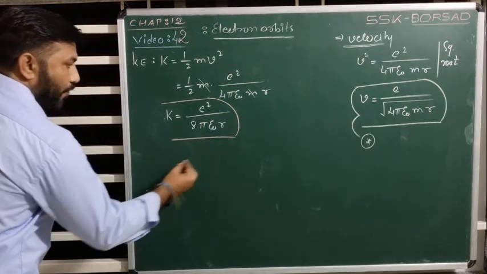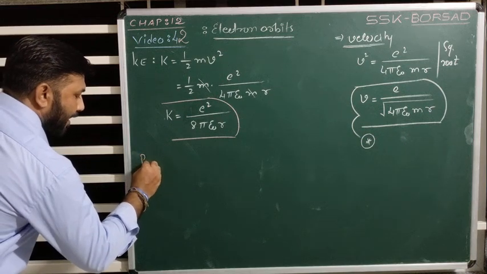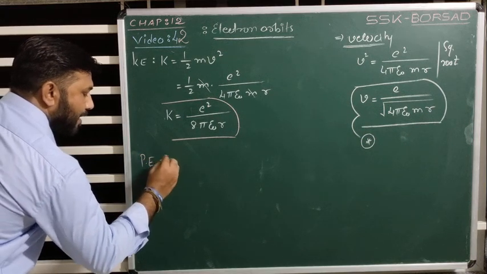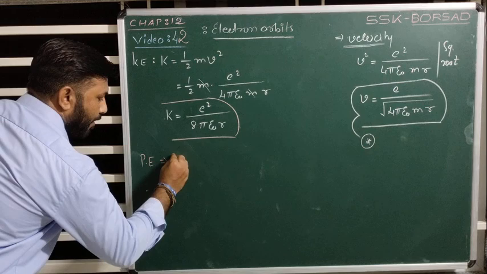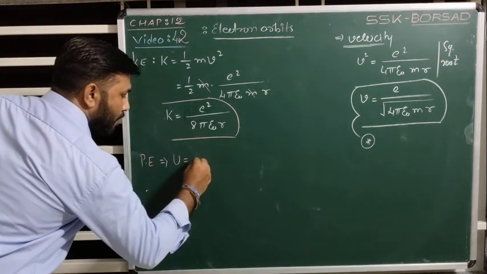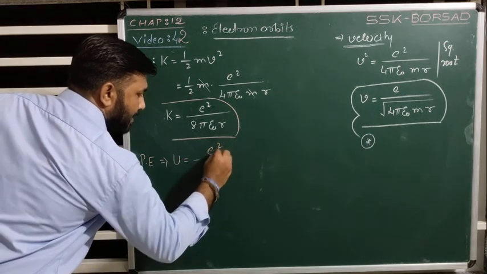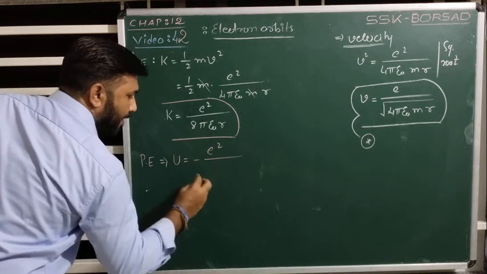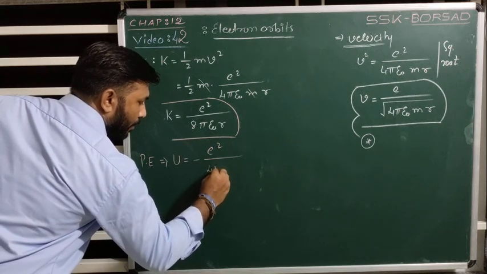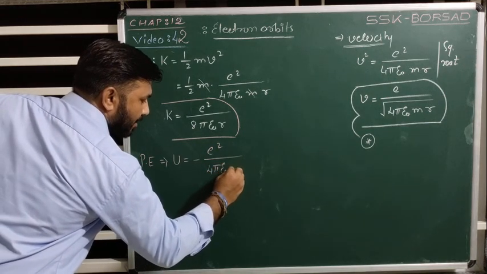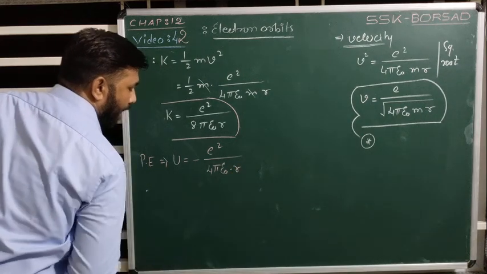And if you want to find the equation of potential energy, then in a simple way you will get U is equal to minus e square upon 4 pi epsilon 0 multiplied by r.